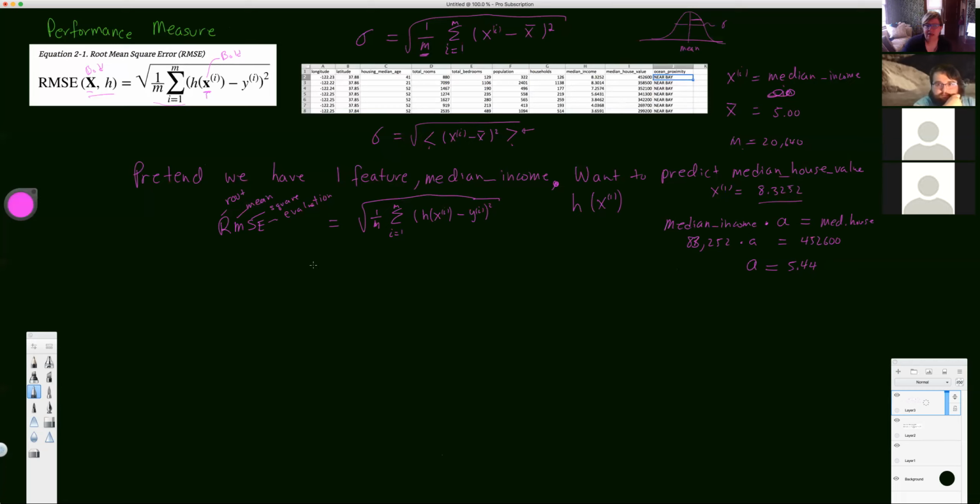So in other words, H of X_i, any X, this is my model, equals X_i, whatever the income is, times 10,000, and then also times 5.44. Of course I can combine these.